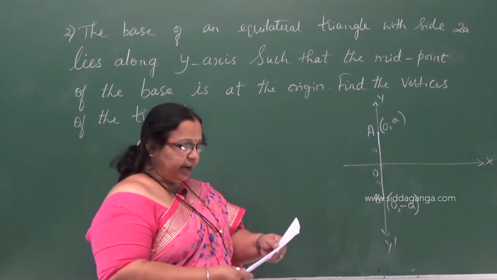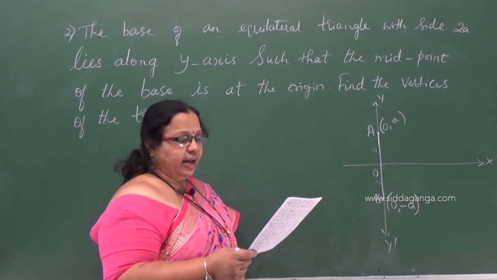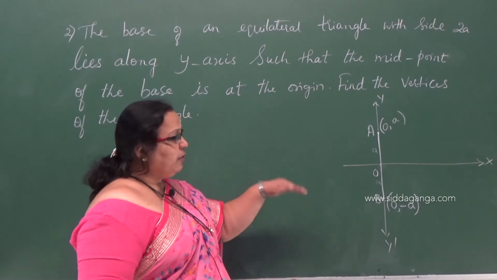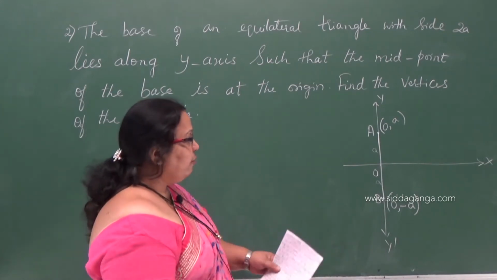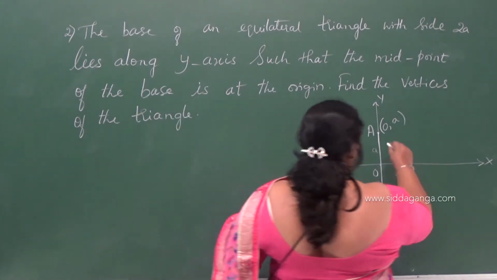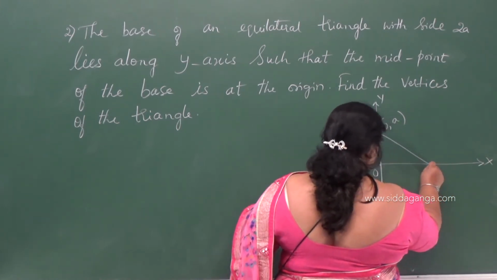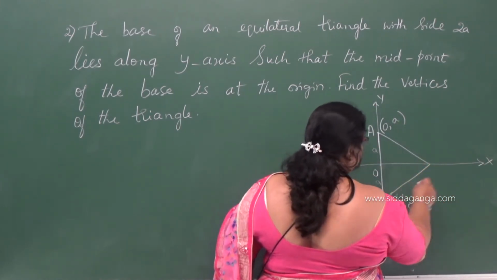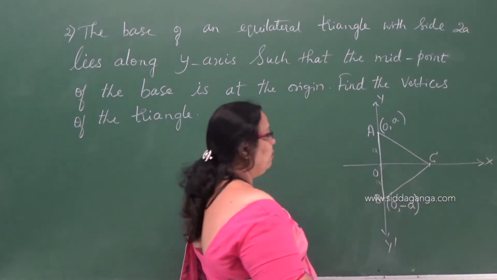We have to find the vertices of the triangle. So you take C as the third vertex.